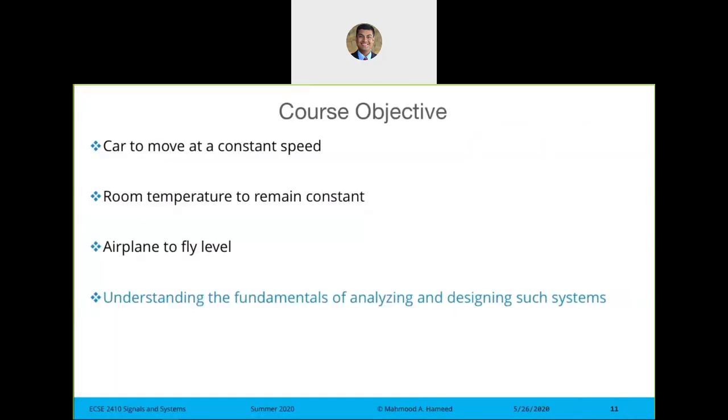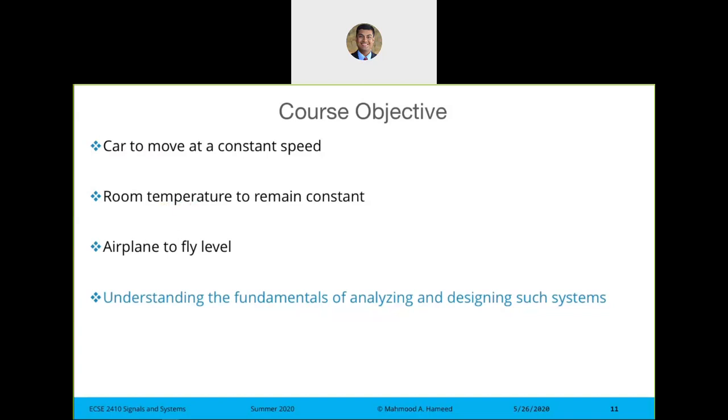The course objective is going to be to understand these fundamentals so that we can analyze and design such systems. The objective could be to help the car move at a constant speed, for example, or help maintain the temperature of a room.